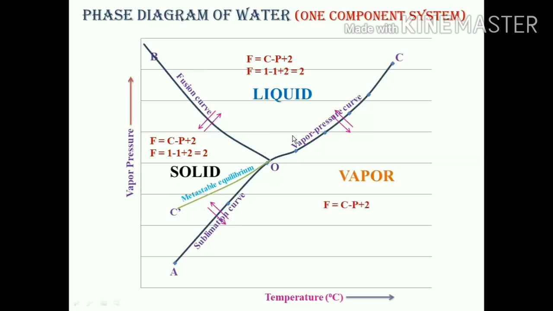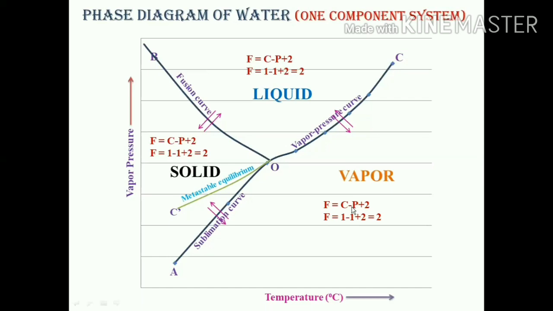Let's calculate in the third area also, the area lying to the right of the AOC curve. The value of F again comes out to be 2. Why? Because the component is 1, since it is a one component system, the water system we are discussing, and nothing else with it.